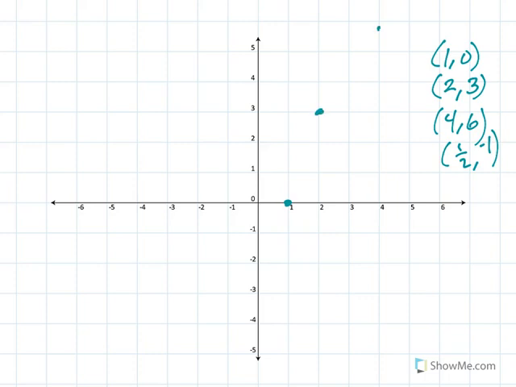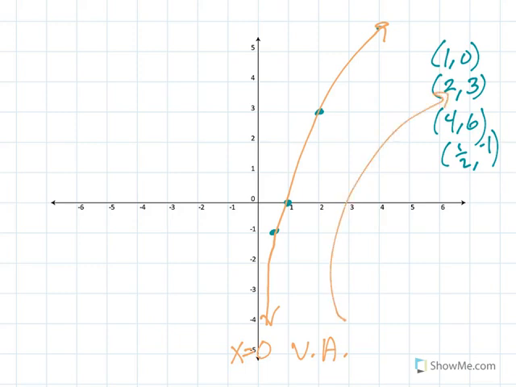That's kind of off the screen up there. And 1/2, -3. When I connect all of these, we still have a vertical asymptote at x equals 0. That's my vertical asymptote. We still have this upward curve going left to right, but you can see how it's stretched.